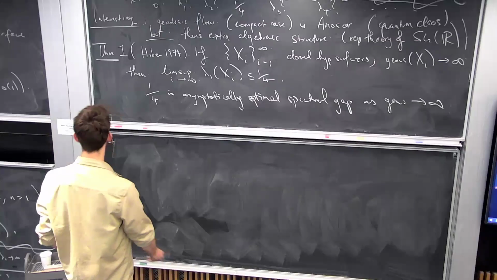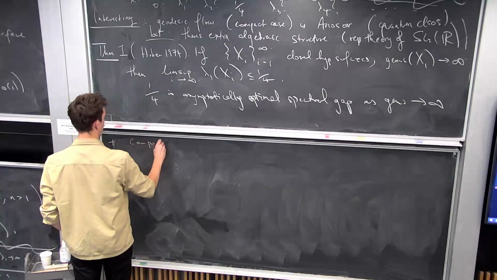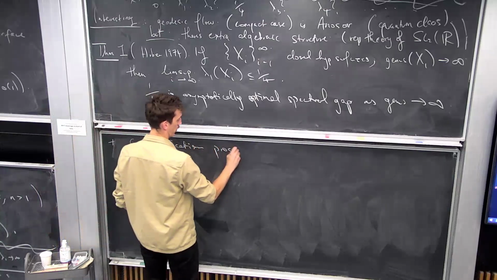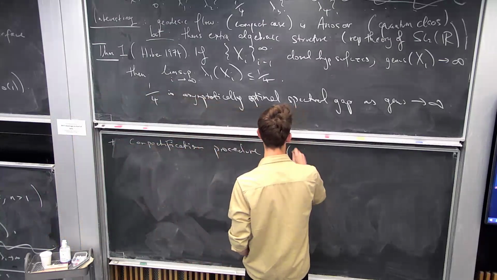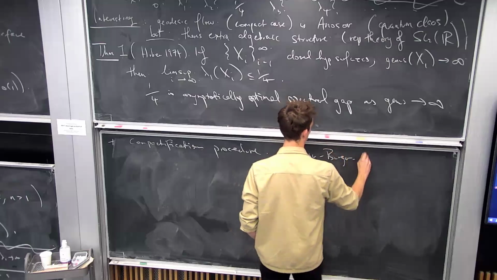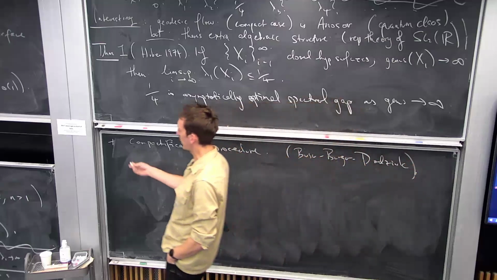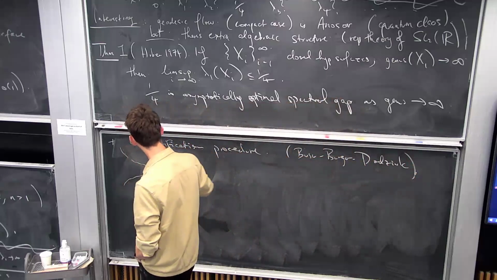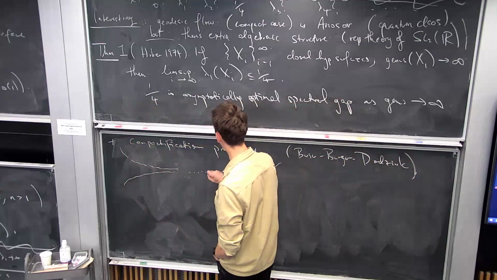So now to solve the original problem, we have to add a compactification procedure. There are different ways to do this, but the one we use is due to Buser, Burger, and Dodziuk. What it does is you make sure you have an even number of cusps. Here's a cusp, which is infinite in extent. Here's another. Make sure you have an even number and pair them up.